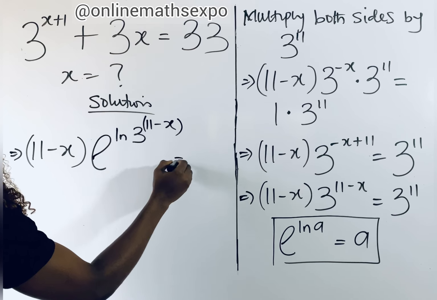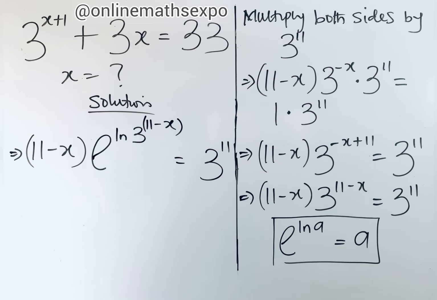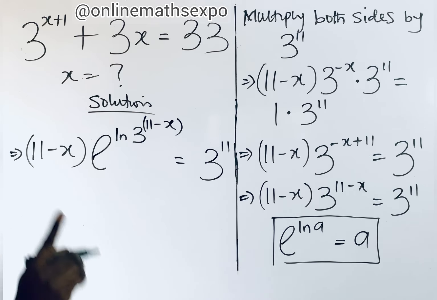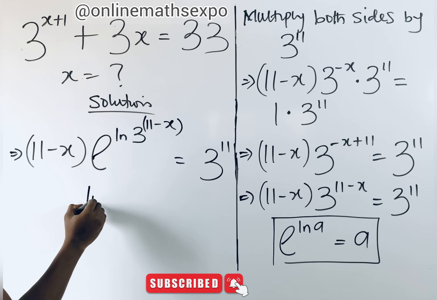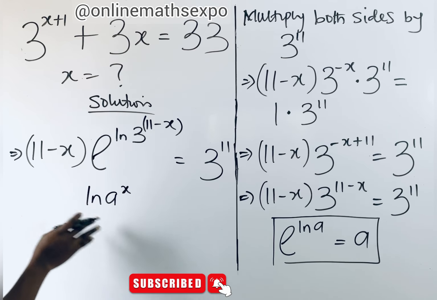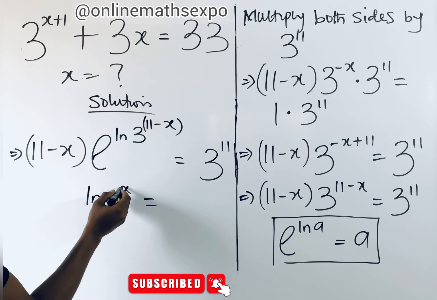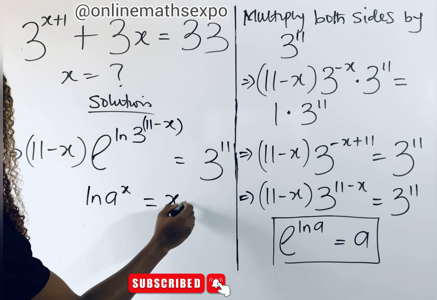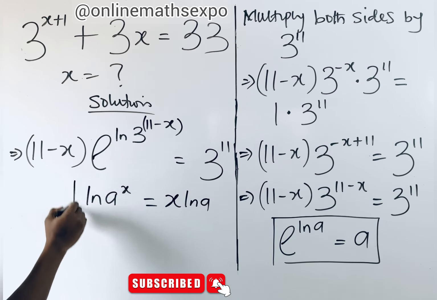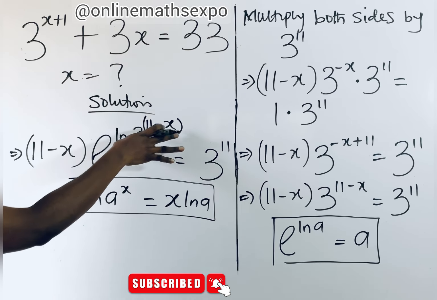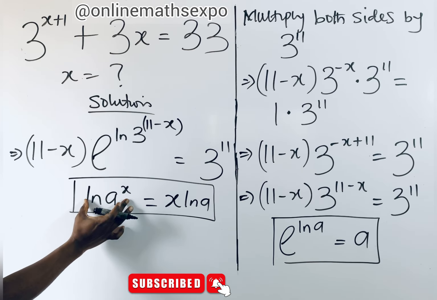Now this is equal to 3 to the power of 11. Interesting. Now what do you do? Remember, for every ln of a to the power of x, this is your usual logarithm rule. It is equal to the power multiplied, so you have x ln of a. So we're going to apply this rule on this, just like we have it here.